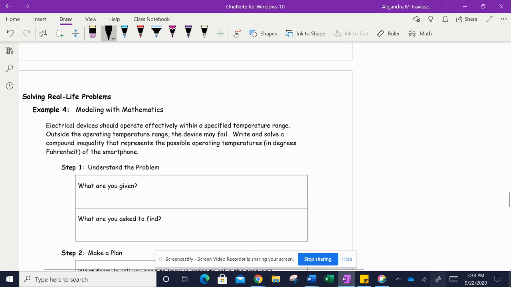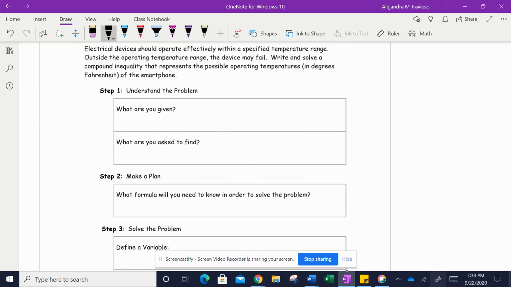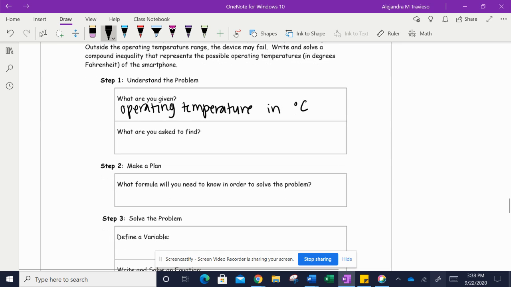So we're given the operating temperature in degrees Celsius. What are you asked to find?